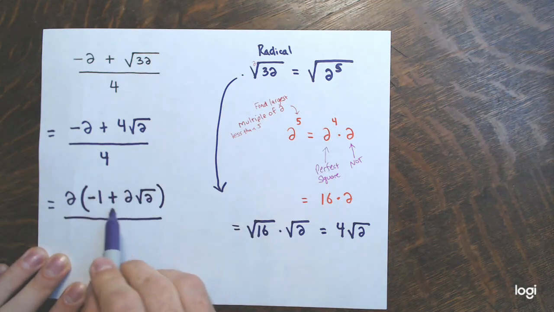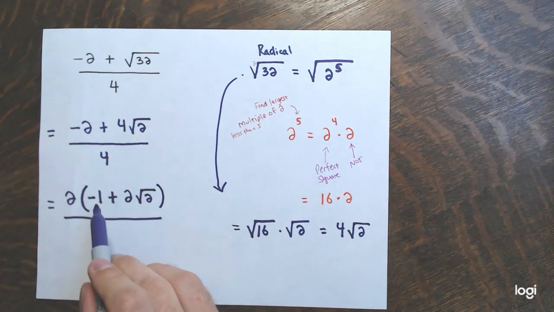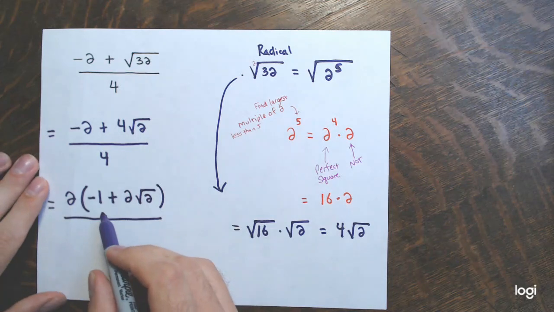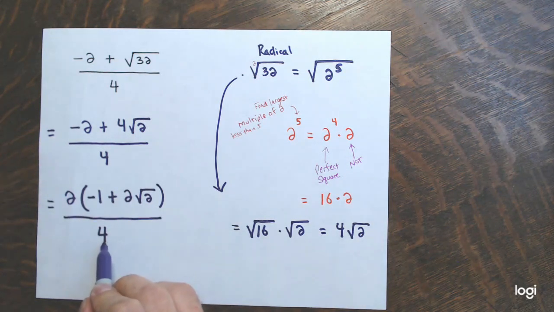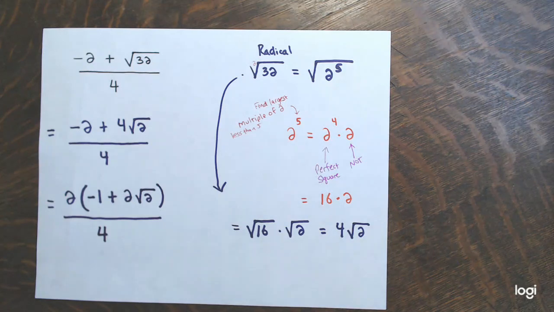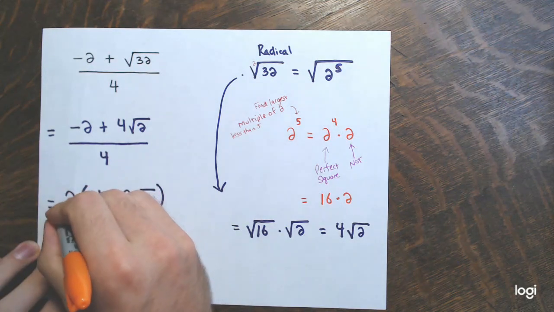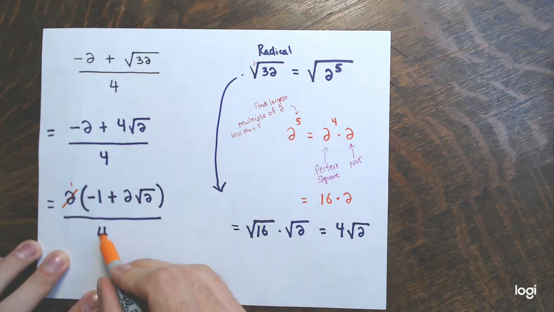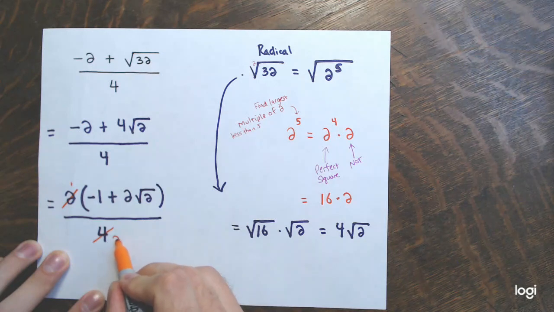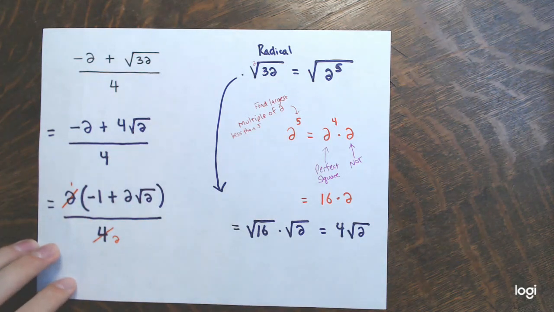This 2 and this stay in parentheses here, negative 1 plus 2 times the square root of 2. And in the denominator I have a 4, which is 2 times 2 again. So hopefully you can see that this factor of 2 in the numerator becomes 1, and takes away one of the factors of 2 down here, right? 2 goes into 4 twice. So I'd be left with a factor of 2 down here in the denominator.